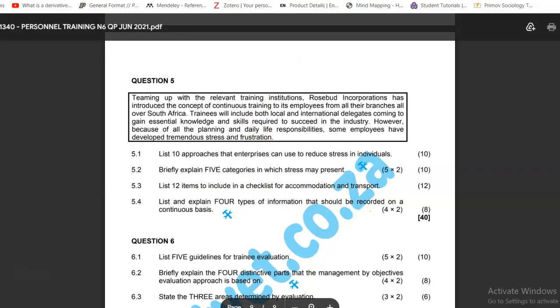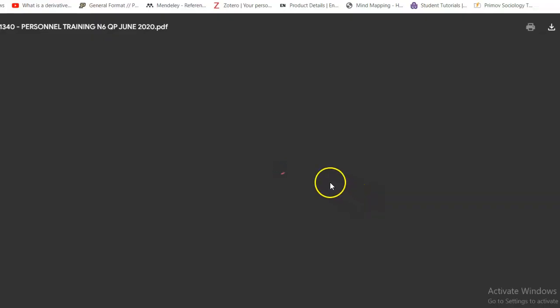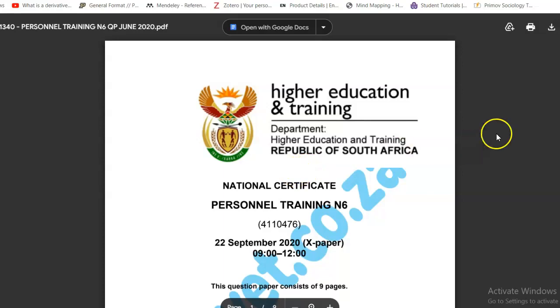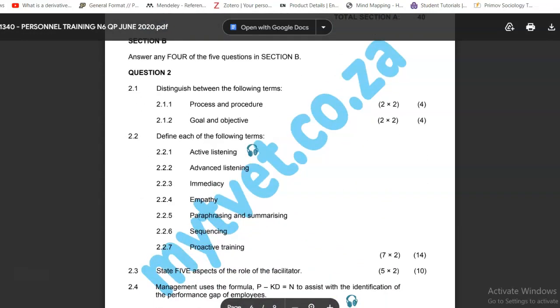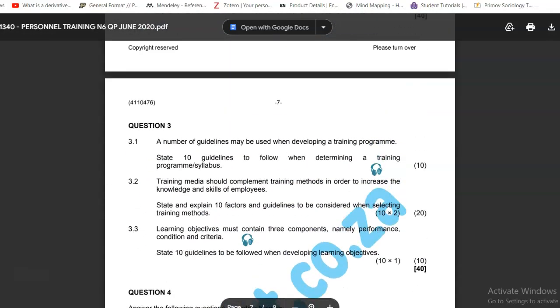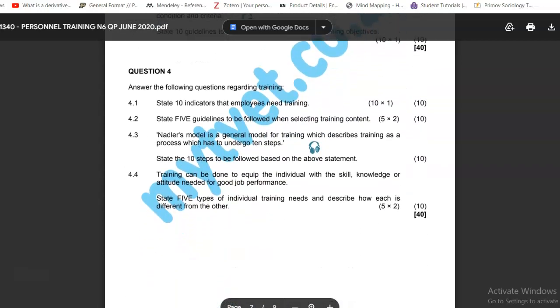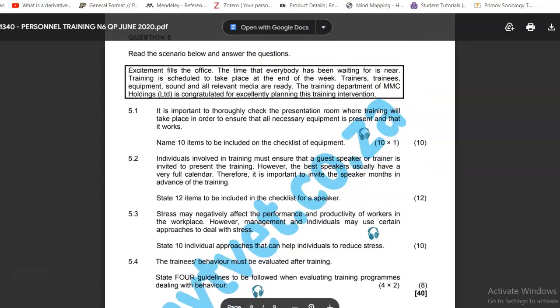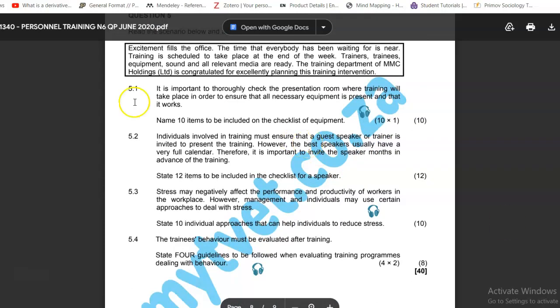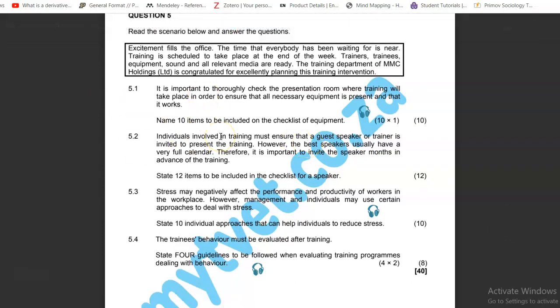All right, let's go to another question paper. Maybe two more after here. This is the one of 2020. There you go. You see, everything is question 5. So we can now realize this question paper sometimes can be predicted because in the 3 consecutive question papers, chapter 4 is question 5.